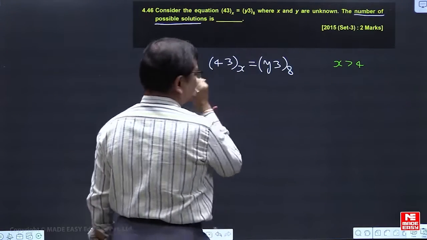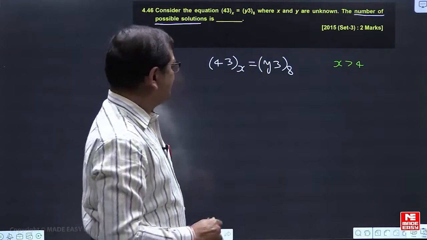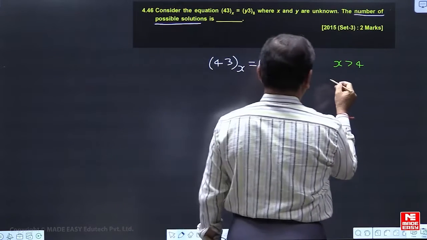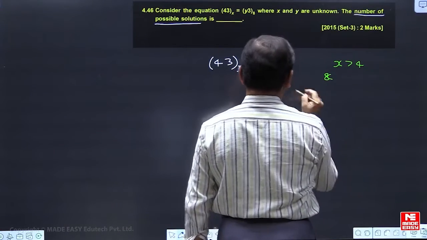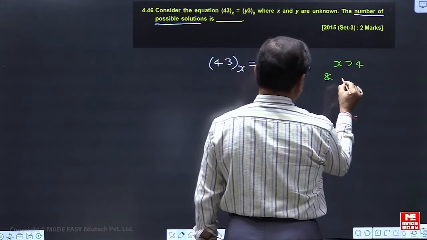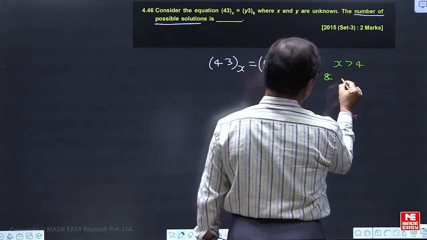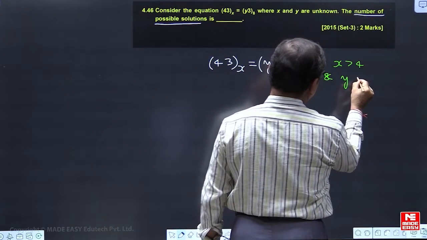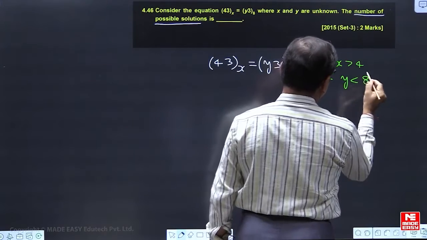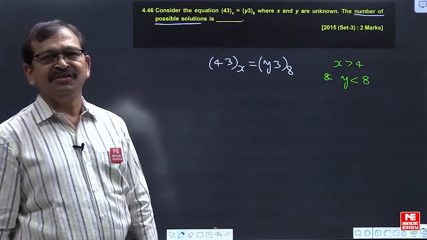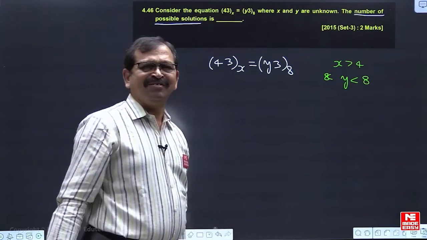And coming to the other number, the conclusion is that the unknown value y must be less than 8. It is a standard thing.